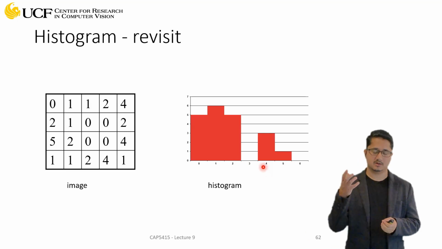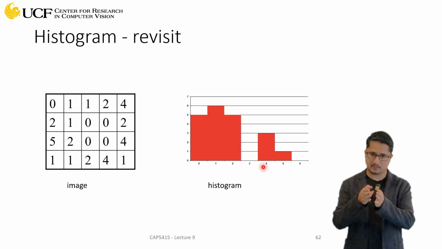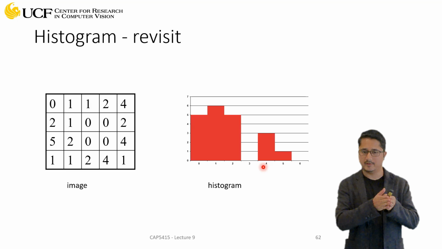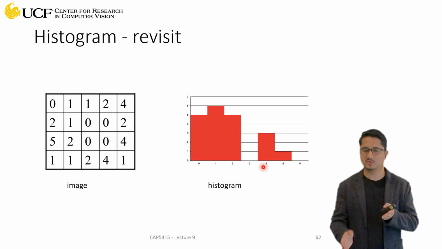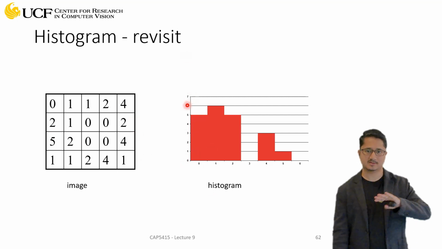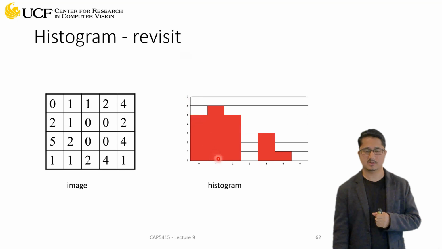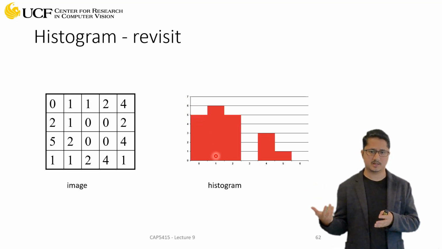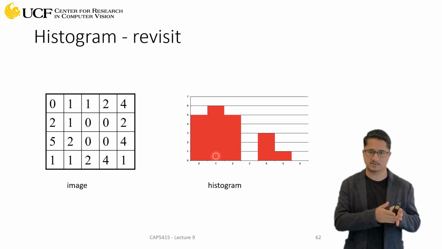And of course, this is one extreme, where you have 1 bin for each number. The other extreme, which is not practical but let's discuss it, is when you only have 1 bin, and all the values go to that bin. That will just tell you how many pixels you have. Ideally, we want to be somewhere in the middle, where we don't have a lot of bins and we don't have too few bins.